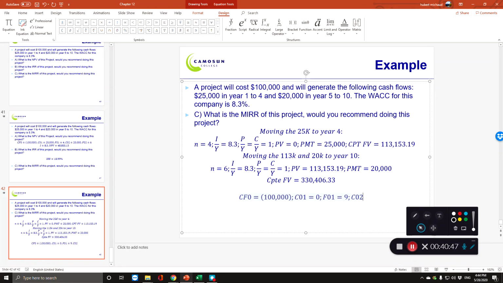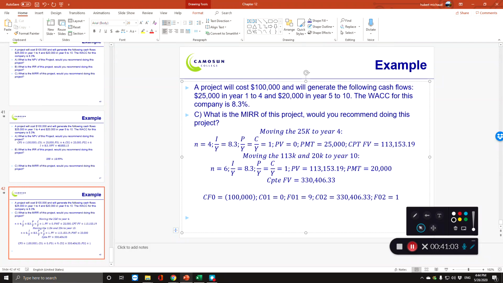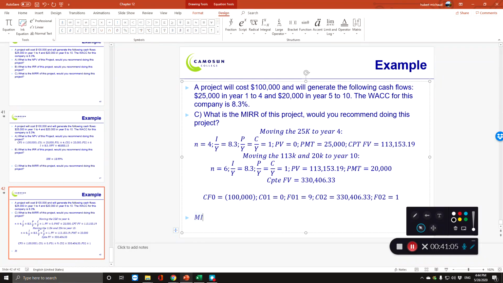My last cash flow at year 10 will be $330,406.33. Sorry, F02 is 1, and that cash flow arrives once. Then I compute the IRR for that project, and I will call that the MIRR. Does that make sense for everyone?